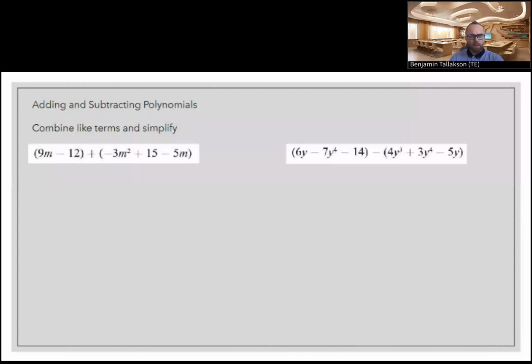So looking for like terms inside parentheses to combine. Nothing to combine, no like terms here. So we want to distribute that positive what? Positive 1, right? This term will not multiply with anything, so we can release it from its parentheses. Minus 3m squared. There we go.